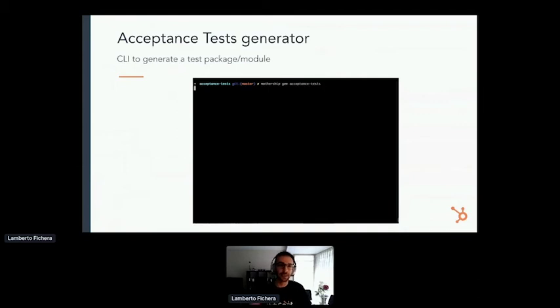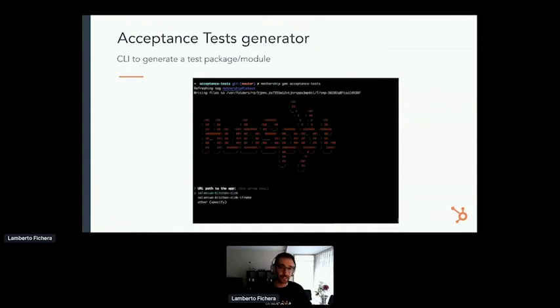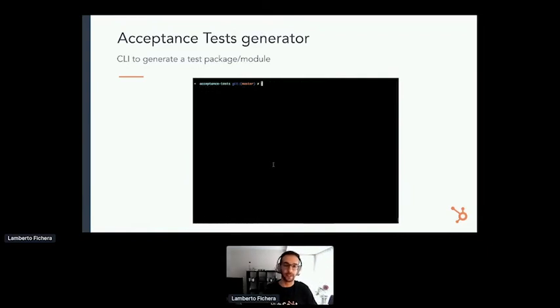So we call it the acceptance test generator. This is just a CLI that generates a test package, which has the Selenium utils and all of the bits that we built over time, everything you need, so that you don't have to copy paste from an existing test.